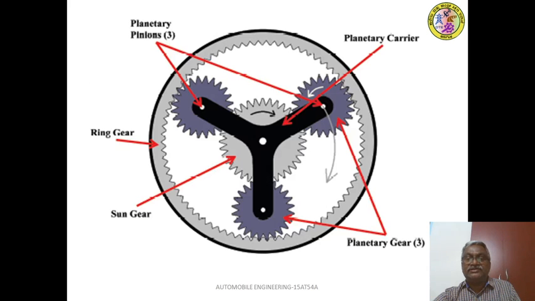Let us come to this diagram. Sun gear is rotating in clockwise direction, planet carrier is fixed, then these planetary pinions are revolving in the fixed position in anti-clockwise direction, then they drive the ring gear in opposite direction. So we are getting the reverse speed with reduction gear.